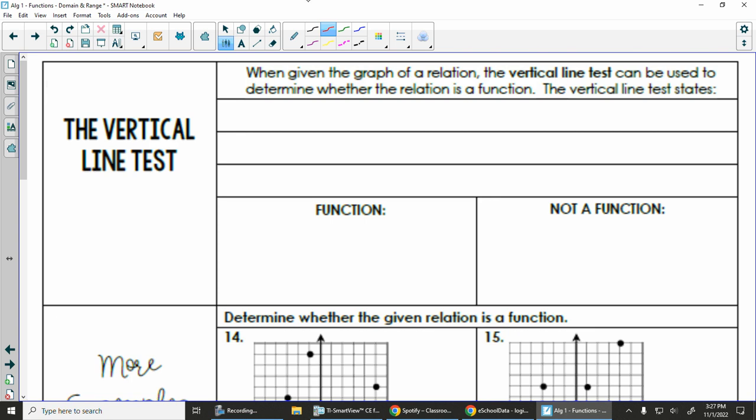The vertical line test states, okay? So, vertical line test.